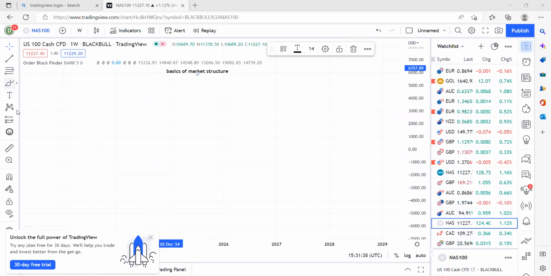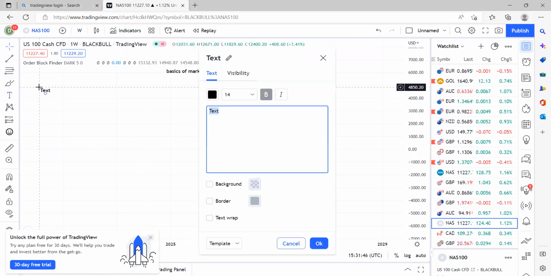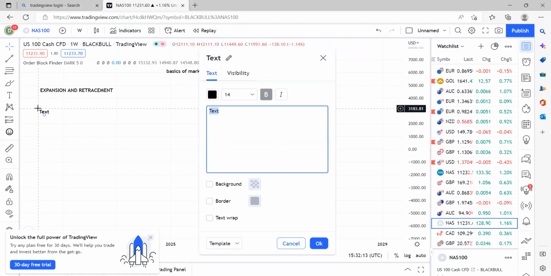Okay, when we're looking at an SMC, first of all, we have what we call expansion and retracement. Let me simplify it.